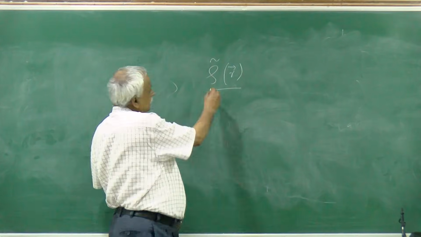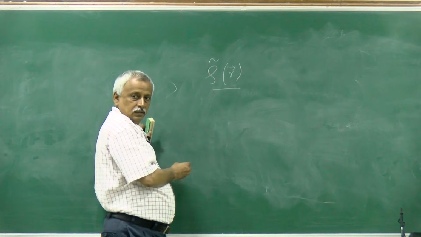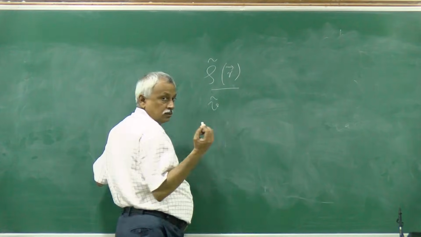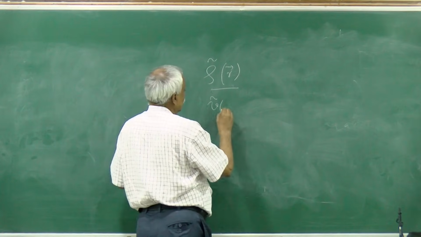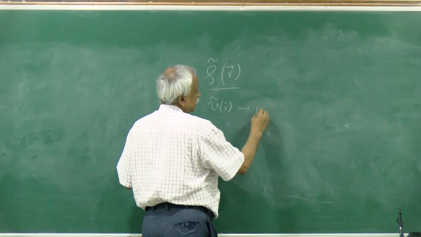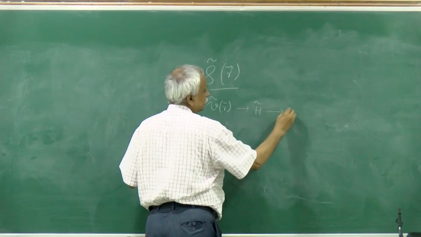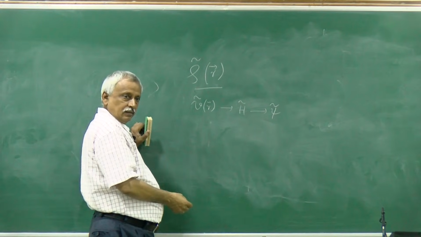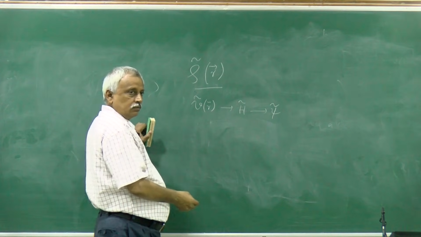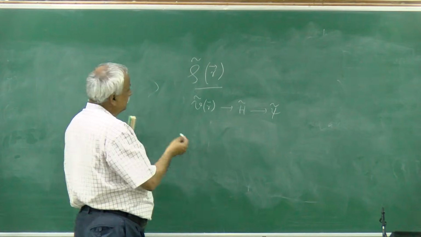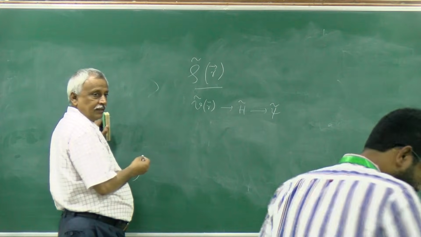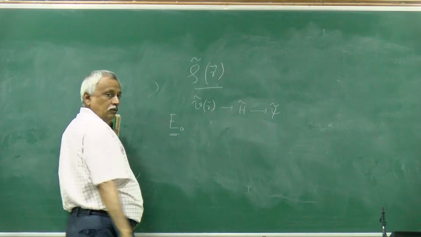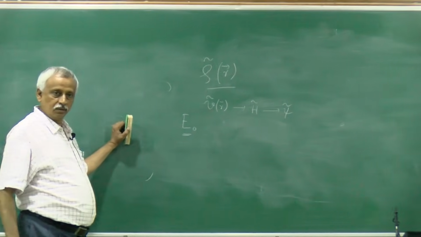Now for a given such density, you will get the external potential according to the first theorem, and then you get the Hamiltonian, and also the wave function. So if I write this, the actual ground state density gives E0.